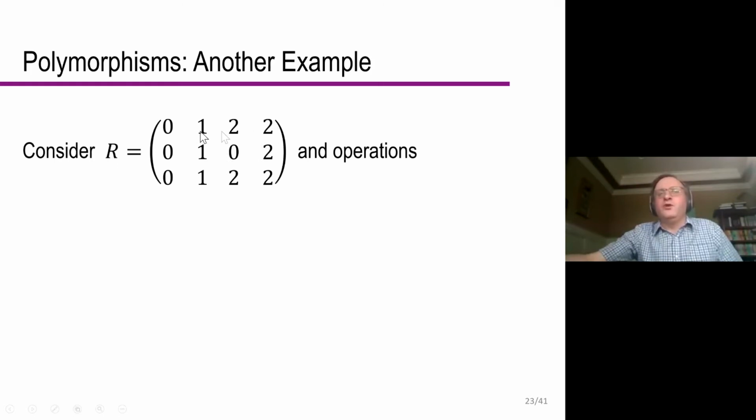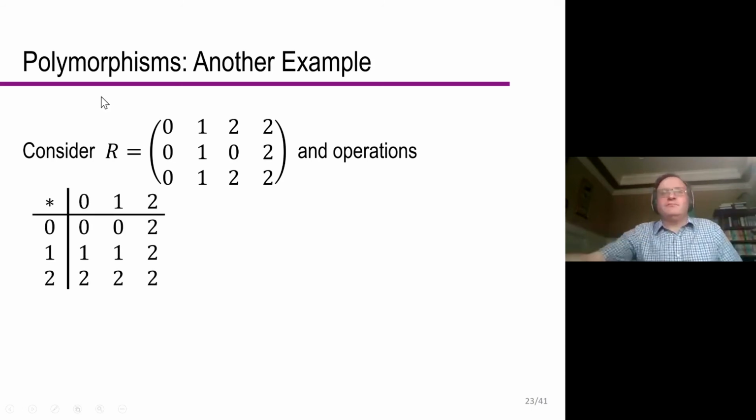So 4 tuples. And I take two binary operations. If we think of the symbol as multiplication, it means that 0 times 0 is 0, 0 times 1 is 0, 0 times 2 is 2, 1 times 1 is 1, et cetera.